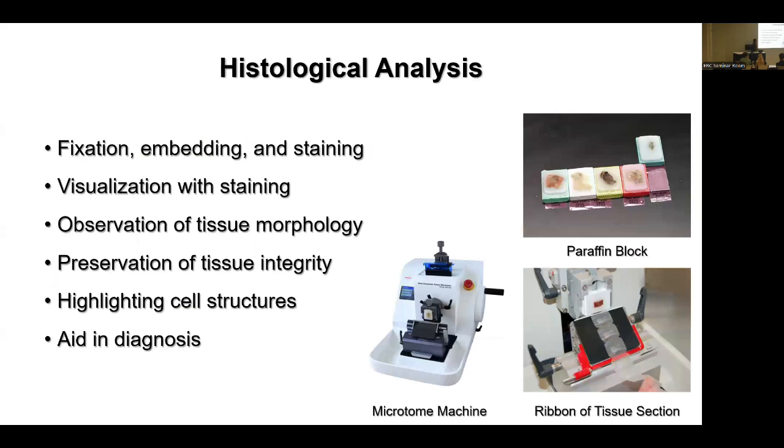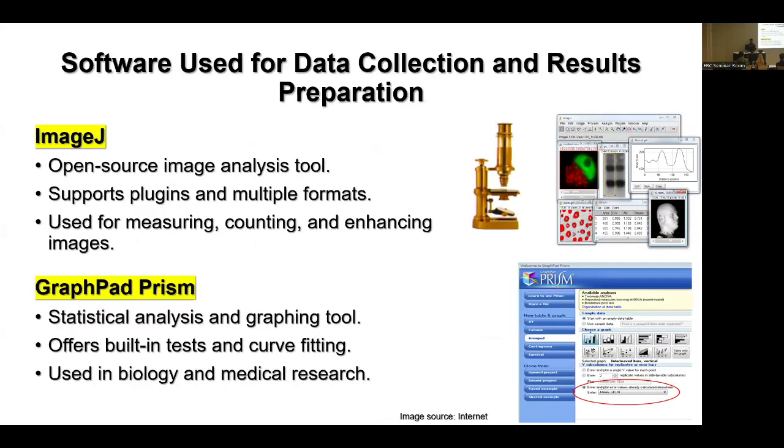The microtome machine we used to cut the paraffin block, and the ribbon of tissue section, as you can see, and the paraffin block I prepared during my histological experiment. Different software I used for collecting data and statistical analysis, like ImageJ and GraphPad Prism, very popular and commonly used tools for statistical analysis.